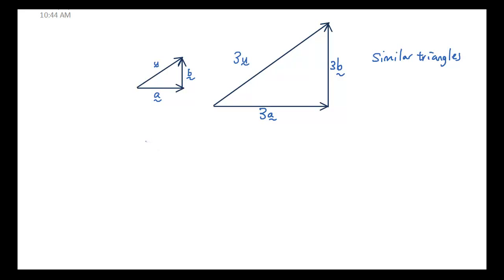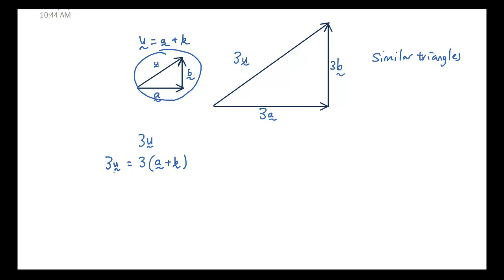Now if you imagine vector u is multiplied by a scale factor of 3, so 3u, instead of writing that, we can write it as 3 bracket a plus b, because u is equal to vector a plus vector b as shown here.